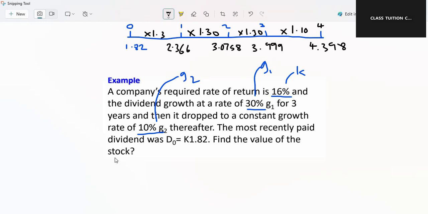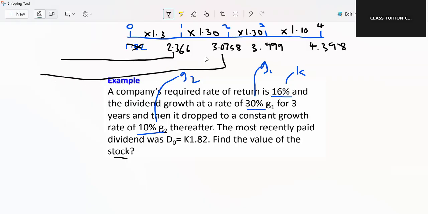Now, to calculate the value of stock now, for the first 3 years, we're just going to discount them. So this was just helping us to calculate a starting point, but it's not important now. So we want to calculate the value of stock in year 1 to now, in year 2 to now, in year 3 to now. So for phase 1, we'll calculate the value of stock and we total them up.